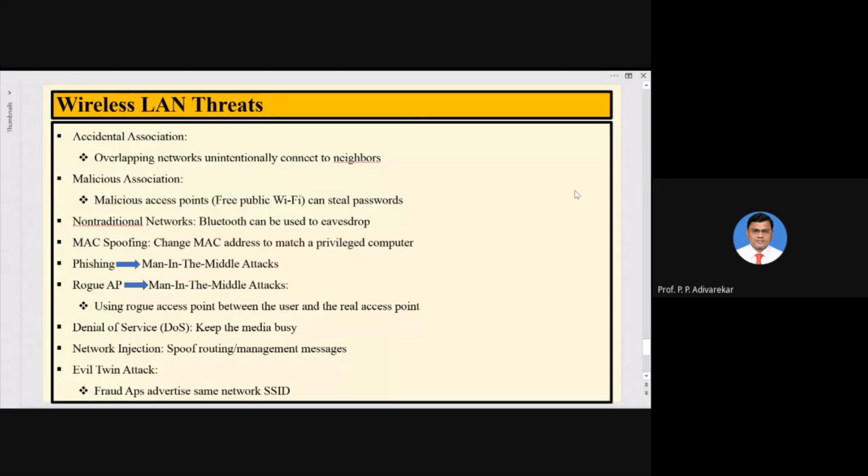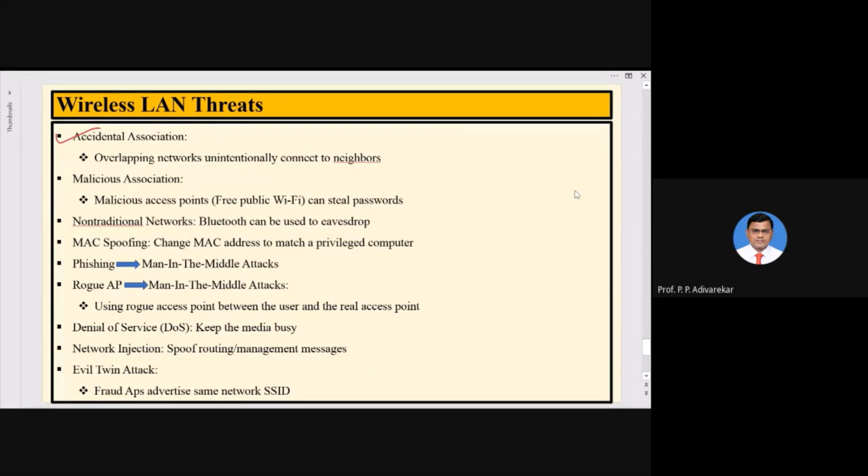Okay, so first is the accidental association. That means if two networks overlap with each other, which can happen in the case of a wireless network. Sometimes if they are not using any security like WEP or WPA, one user may get connected to the other network unintentionally.